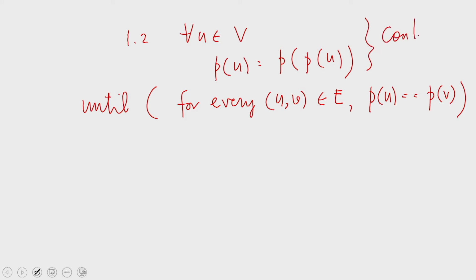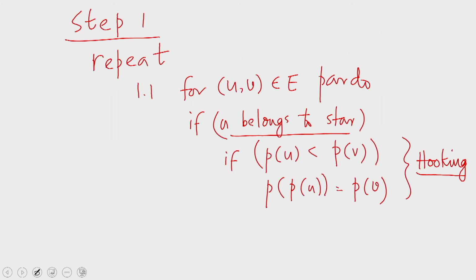This is called contracting. So the algorithm proceeds by repeatedly hooking and contracting. So what exactly do we do here? In step 1 we execute if u belongs to a star.